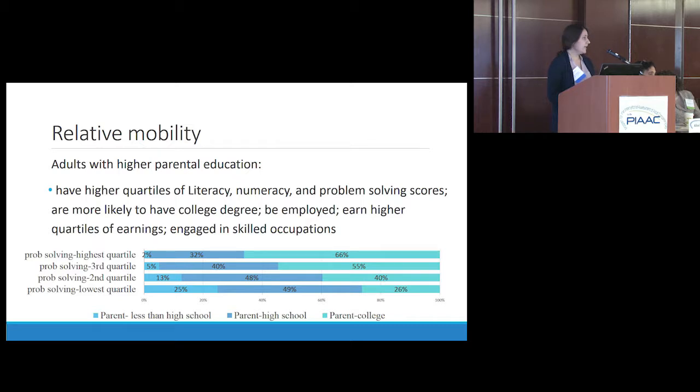We see an exactly similar pattern for all the variables. Adults with higher parental education have higher quartiles of literacy, numeracy, and problem solving. They are more likely to have college degrees, be employed, earn higher quartiles of earnings, and be engaged in skilled occupations.